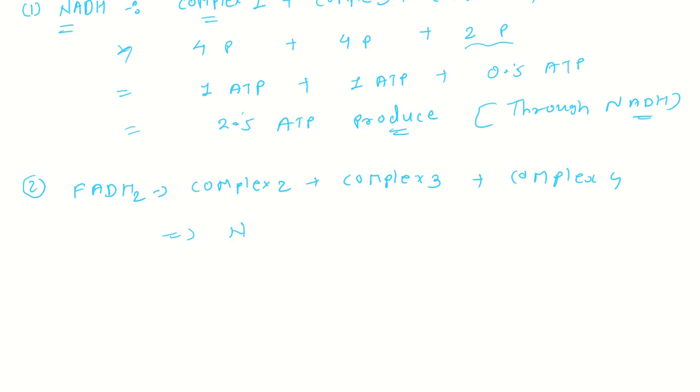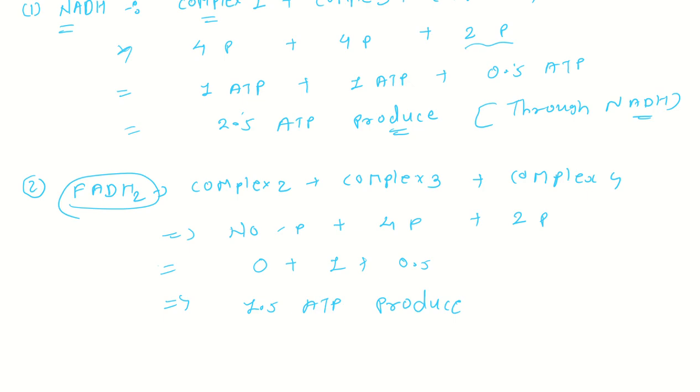Complex 2 no ATP, complex 3 4 protons, and complex 4 2 protons. So complex 2 no proton, so 0 plus 1 plus 0.5. So 1.5 ATP produced through FADH2.